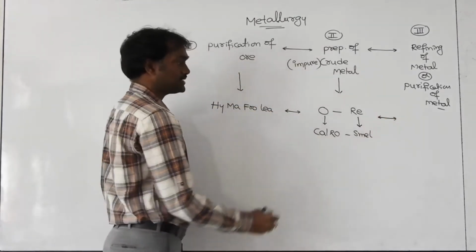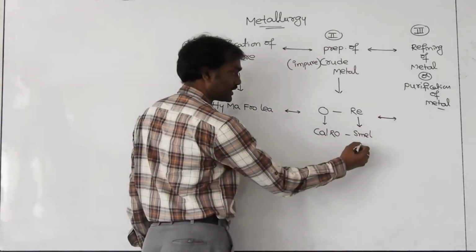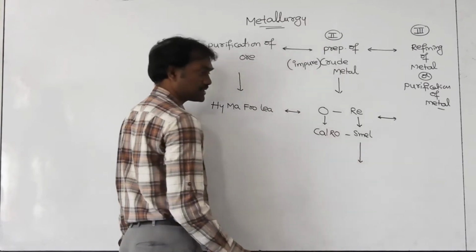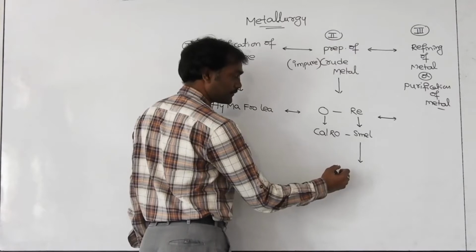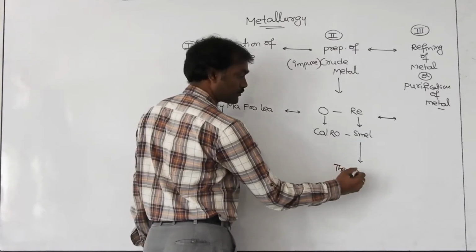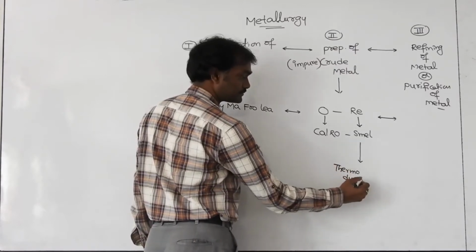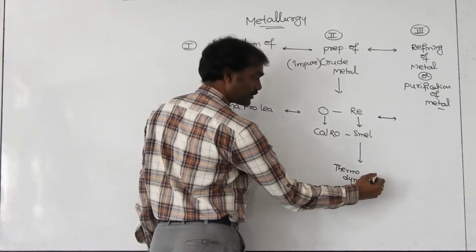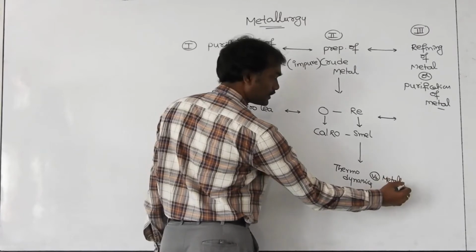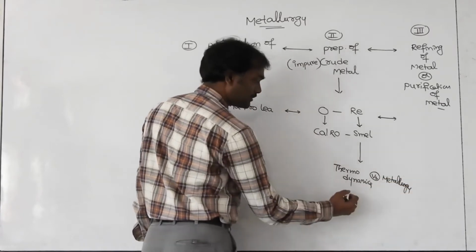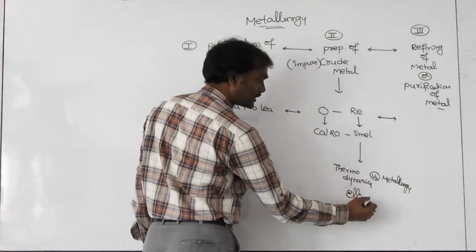Next, in this reduction process, we are discussing the famous thermodynamics, which we apply in metallurgy. Thermodynamics versus metallurgy is explained by the Ellingham diagram.